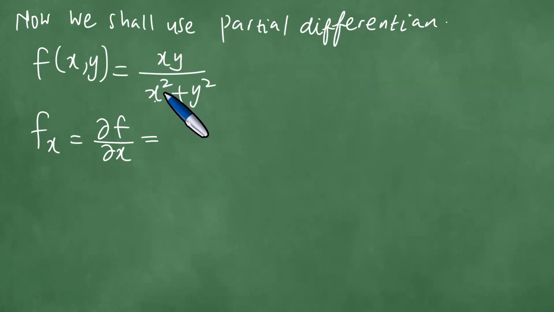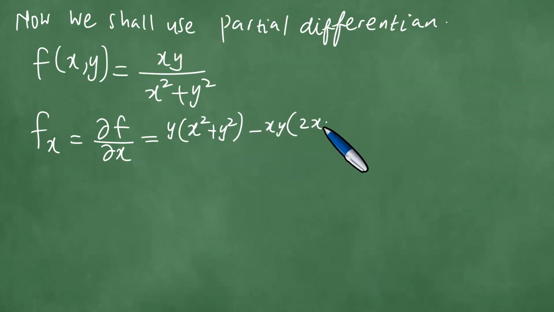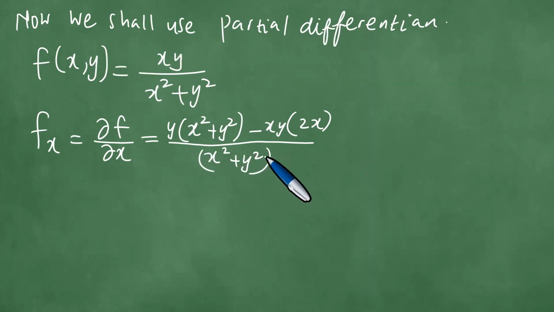The quotient rule tells us that first we must find the derivative of the top with respect to x, which becomes only y. We multiply it by the denominator, minus xy times the derivative of the bottom with respect to x, and divide everything by the square of the denominator.